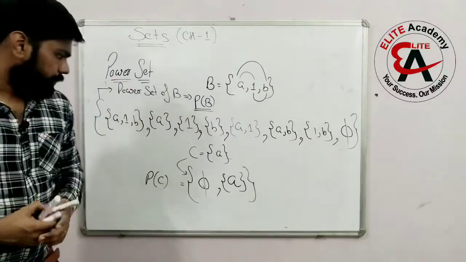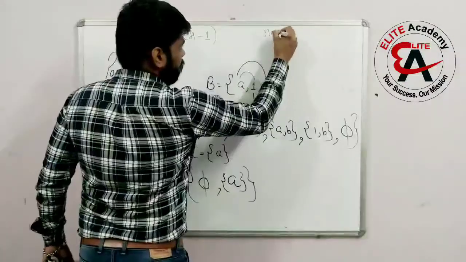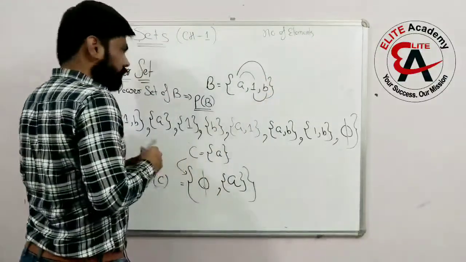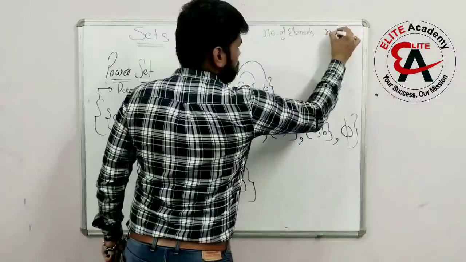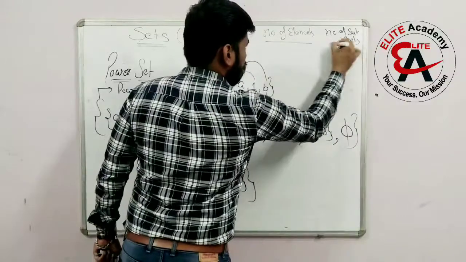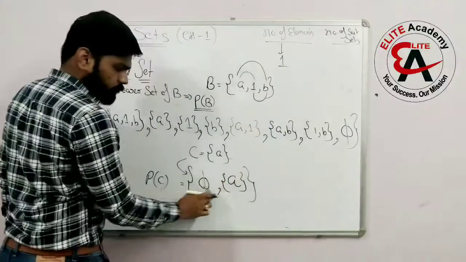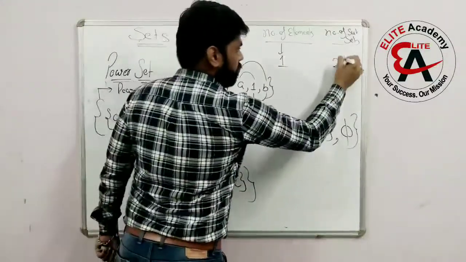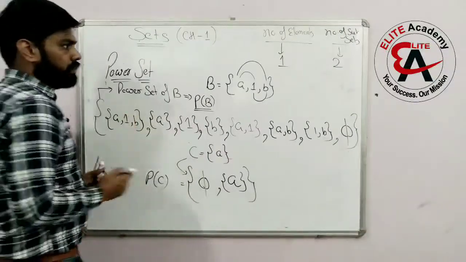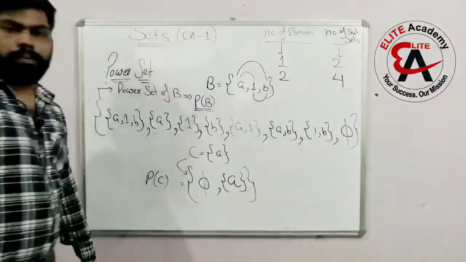Now note down one more thing. Pay attention to the number of elements and the number of subsets. When the element was only 1, the number of subsets was 2. Yes or no? In the previous example we saw that when there were 2 elements, the number of subsets was 4.